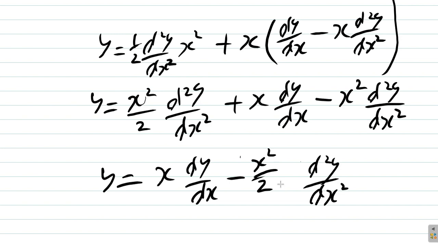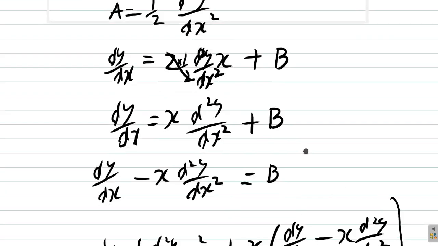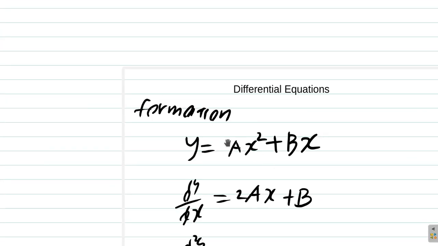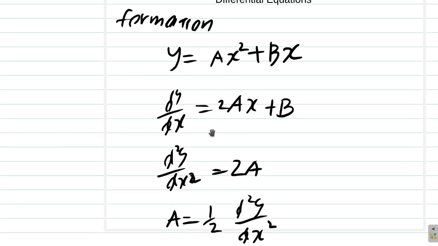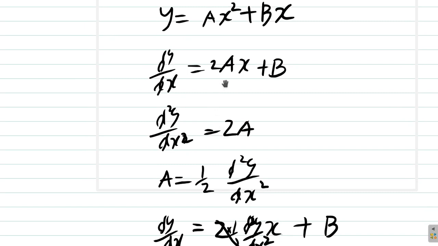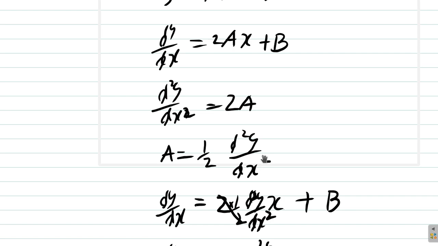Alright? Now, this is a second order differential equation because we had two arbitrary constants. The first derivative, we got 2ax plus b. Second derivative, we got 2a. Alright? So we eliminated one and then we substituted.